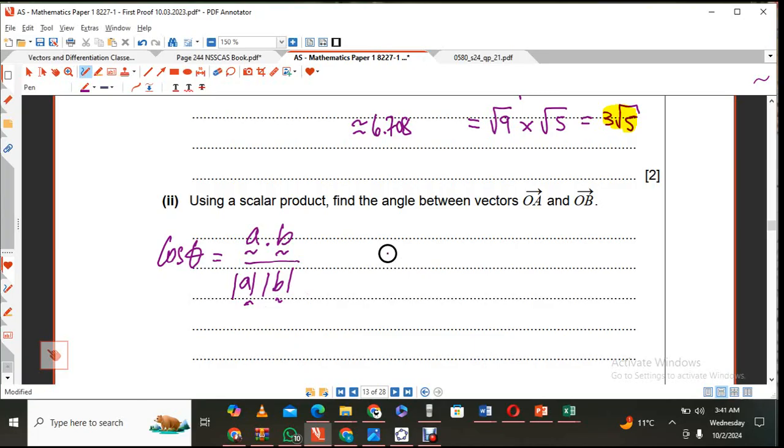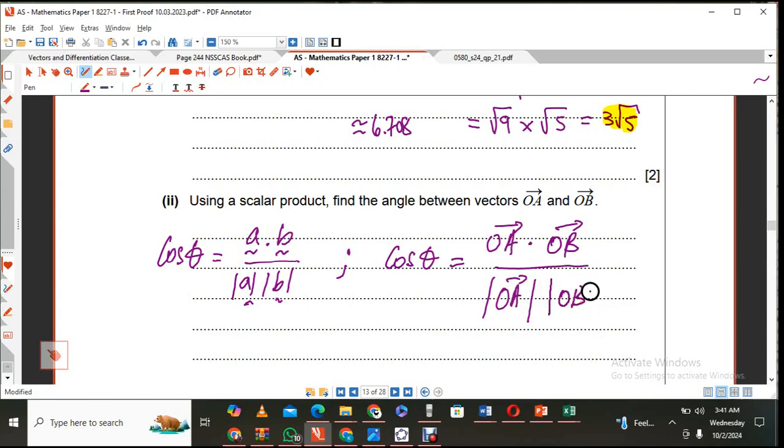So cos theta will equal vector OA dotted with vector OB, over the magnitude of vector OA, which we calculated before, multiplied by the magnitude of vector OB. So it's just a matter of finding the dot product.